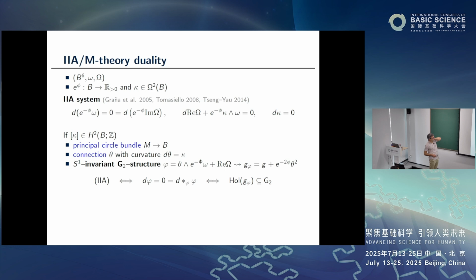The induced metric looks something like this, where G is the metric induced by the SU3 structure on B, and then we have the circle fibers with positive functions, basically the length of the circle fibers. This system of equations is exactly the condition that this G2 structure is closed and co-closed, and therefore the holonomy of this induced metric is contained inside G2.